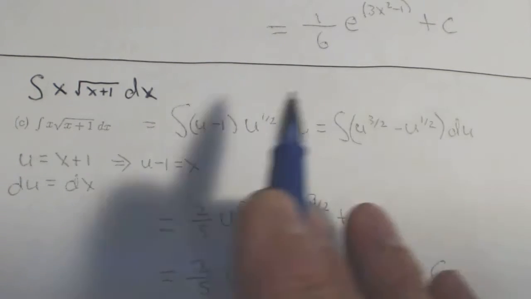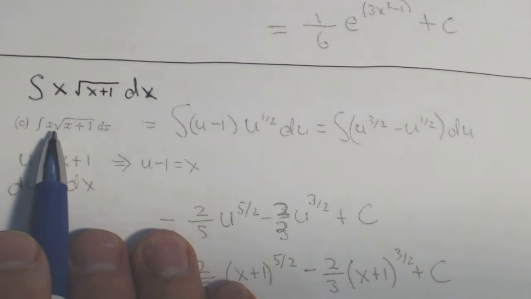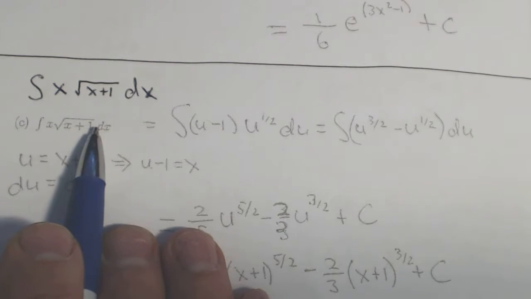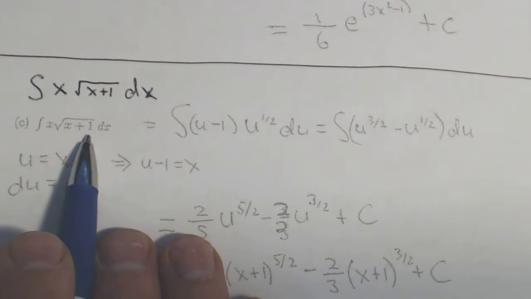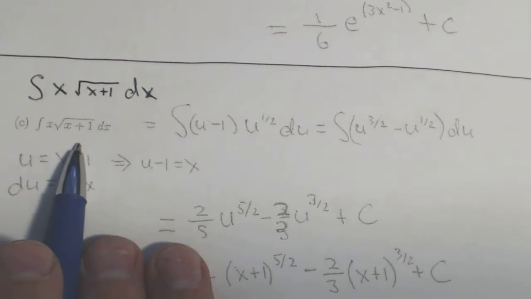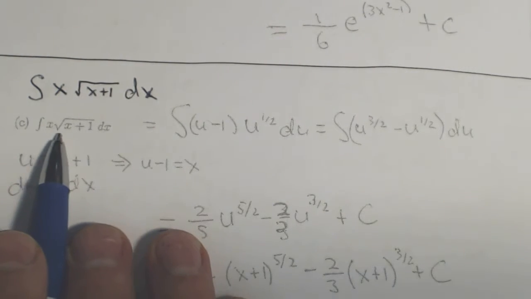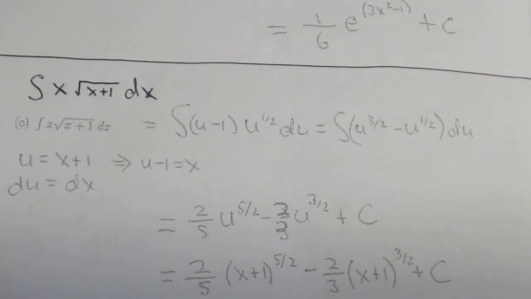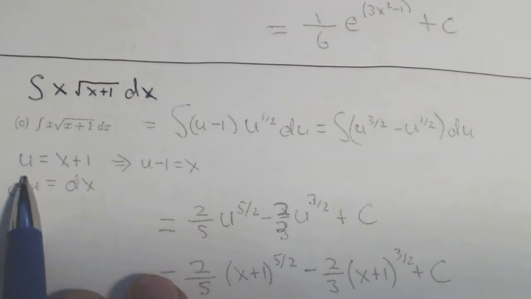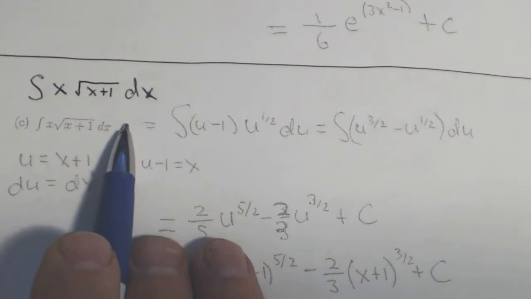Okay, now we've got this critter, and we're going to make a little u substitution. We're going to put u in the place of x plus 1 like before, because we don't have a rule for the way this looked before. Now, du and dx are the same, so that's easy.